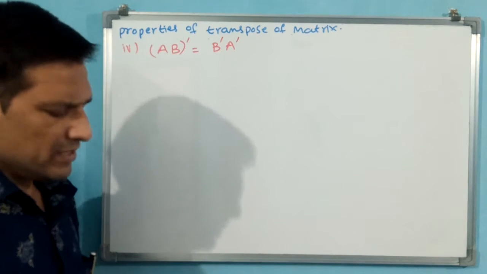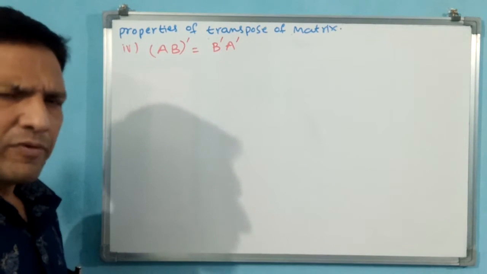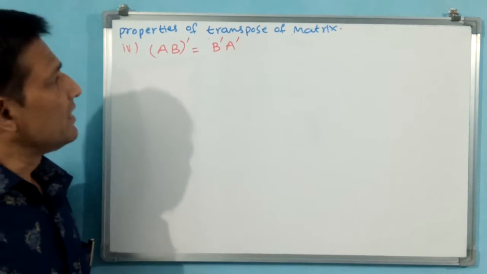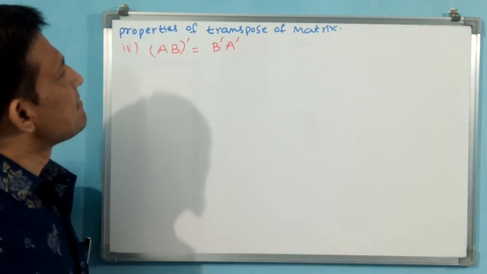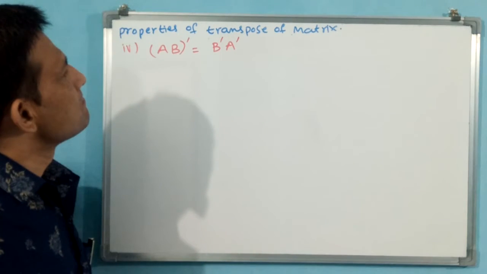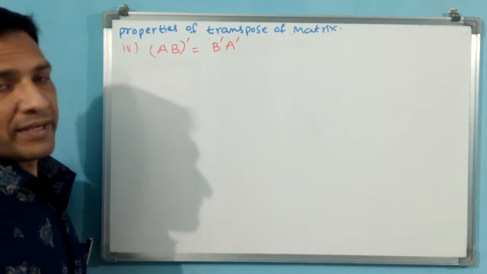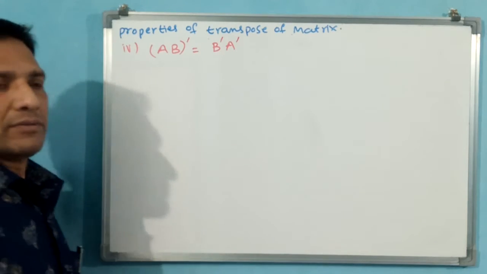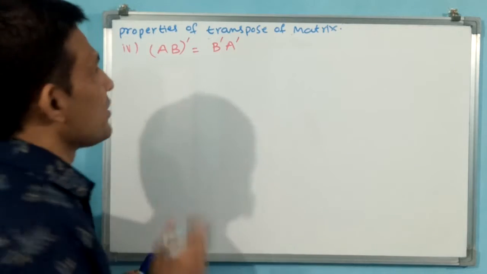That means multiplication. Here also we will see. Here in this peculiar case, multiplication should be possible. Let me take A as 2 by 3 and B as 3 by 2. But it is going to become bigger. Let us do 2 by 2, 2 by 2 only.